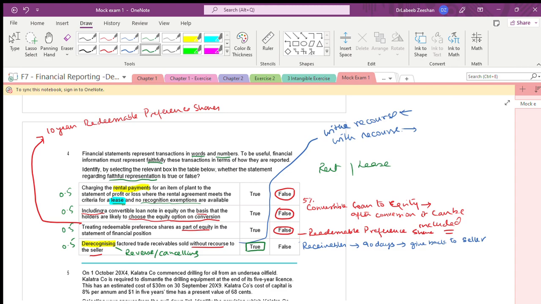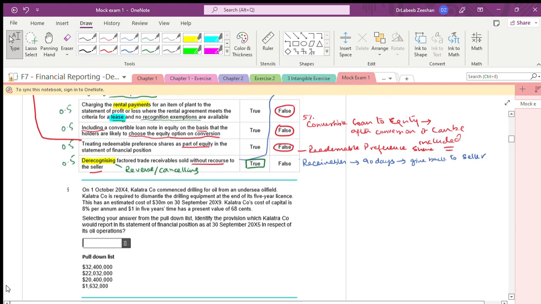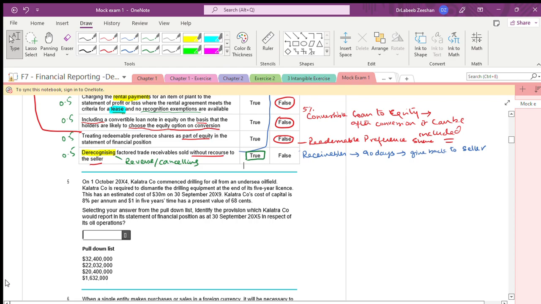Without recourse means there is no carry forward as such. Are you clear about this? Yes. A little bit. The moment we try to do it, we will find it.